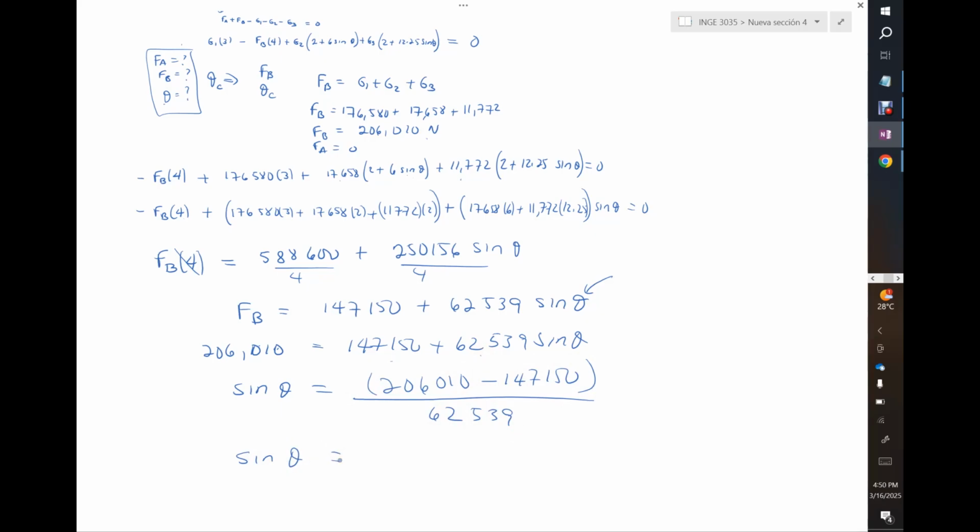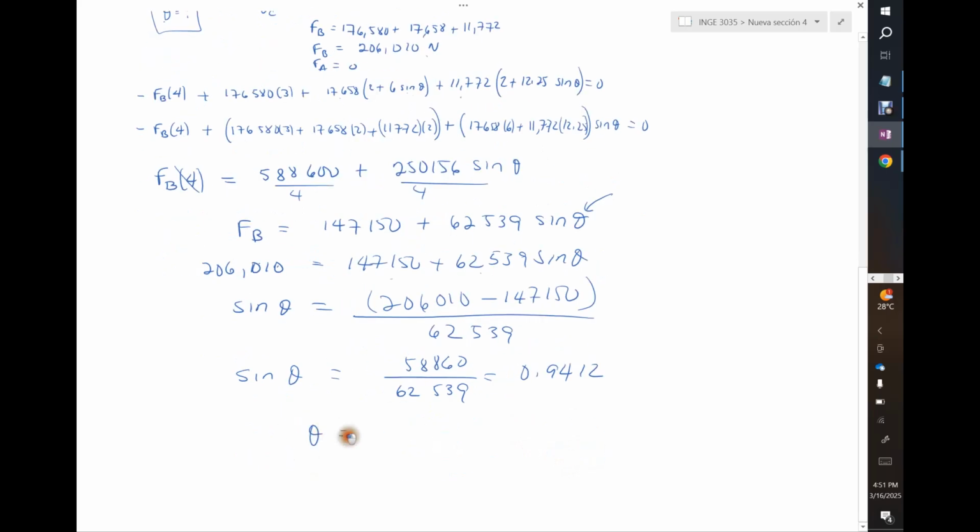Calculator here, let's see what that looks like. About 0.941 at the most, maybe another 1 and 2 here.